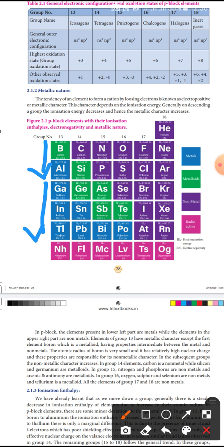This is due to the presence of inner d and f electrons, which have very poor shielding effect compared to s and p electrons, because of which the effective nuclear charge on valence electrons increases. Groups 15 to 18 follow the general trend: ionization enthalpy decreases as we move down the group.